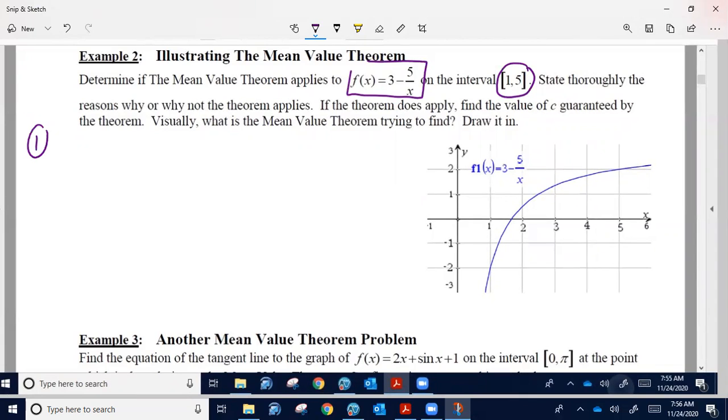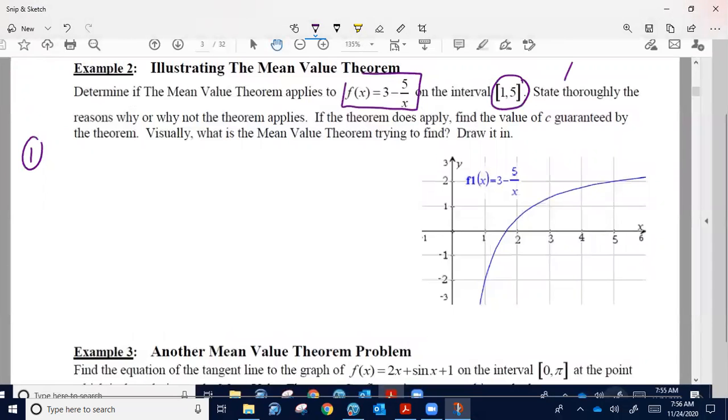So yeah, this has a break, a discontinuity at x equal to 0. That's not a big deal though, because our interval is 1 to 5. 0 is not in that interval. So this is continuous on the closed interval 1 to 5.